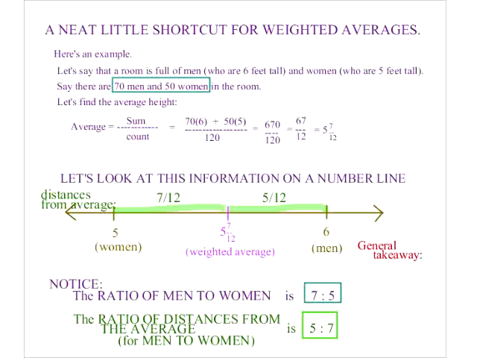The ratio of distances from the weighted average, WA stands for weighted average, is the reciprocal of the ratio of quantities.